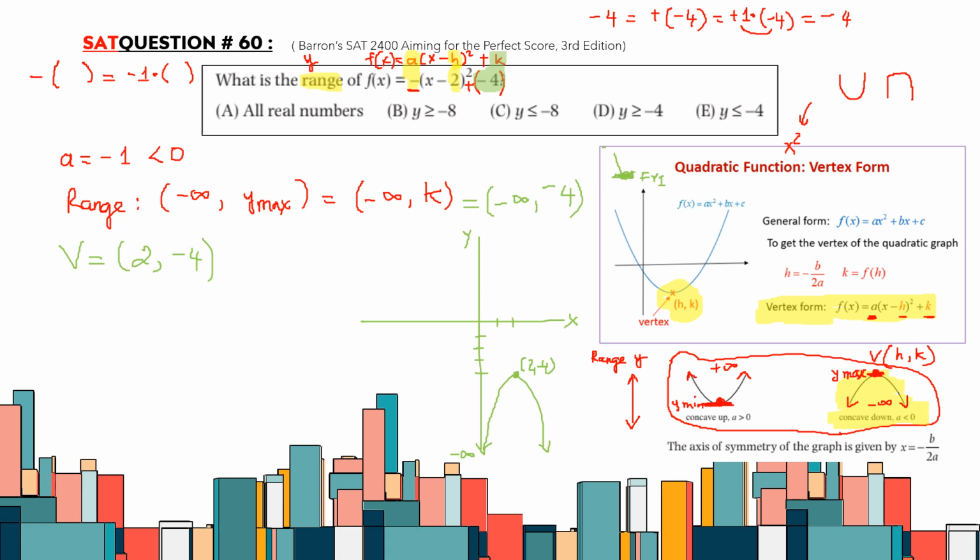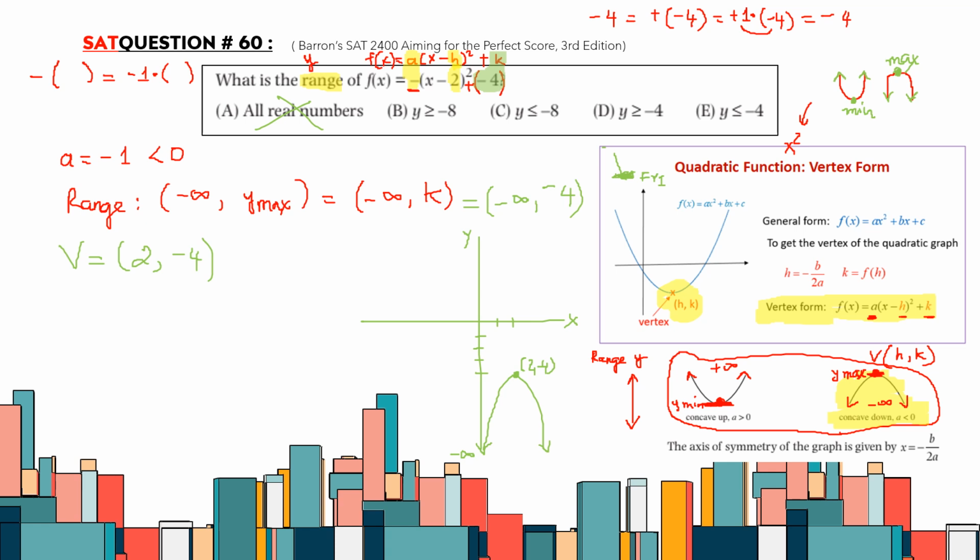Let's say choice A, all real numbers, can never be, since the graph only goes in one direction, all up or all down, and it always has a max point or a min point.